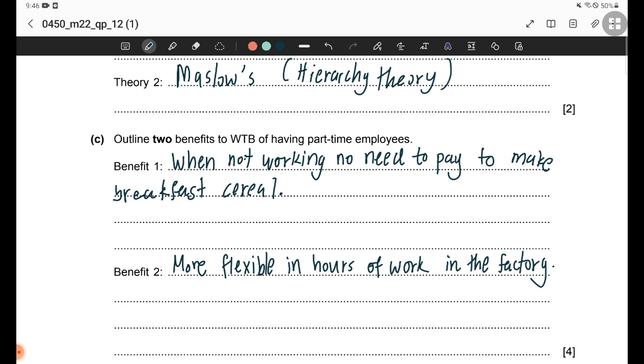Obviously, you can write better points than this, but these are the most basic ones. So what else do you have? It's also easier to ask employees to work at busy times, like maybe you're in some sort of trouble, or you're in a stressful day. You can ask the part-time workers to come if you have a lot of them, of course.